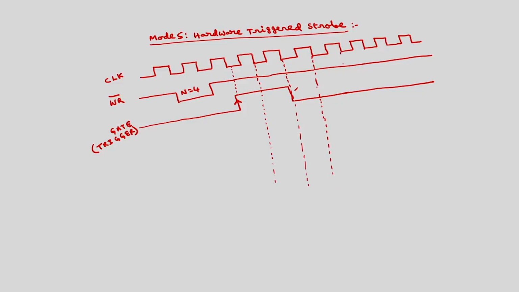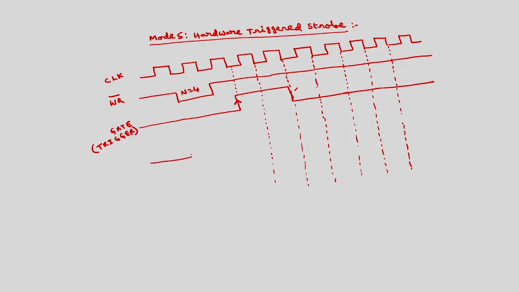This is third clock signal. This is fourth cycle. So for 4 cycles it will be high, then for 1 cycle it will go low, similar to the previous mode.